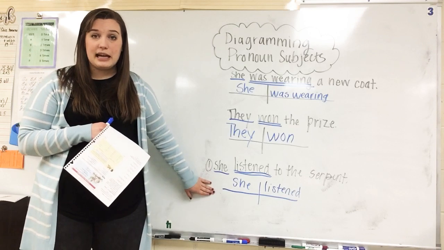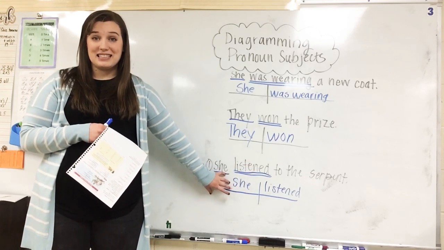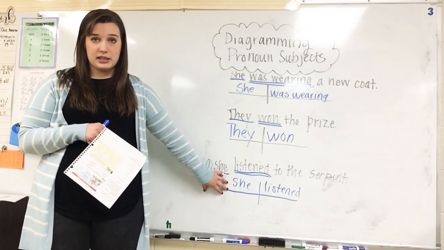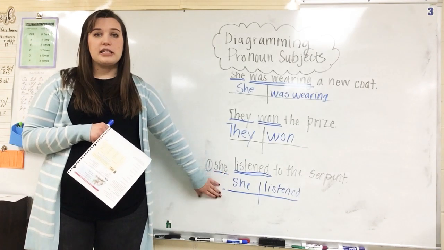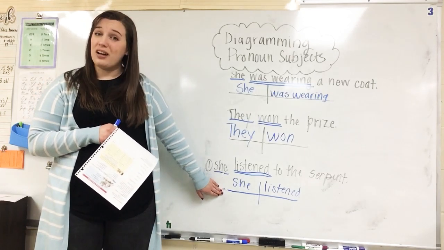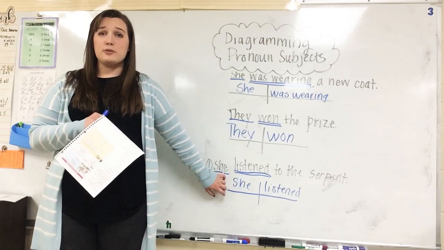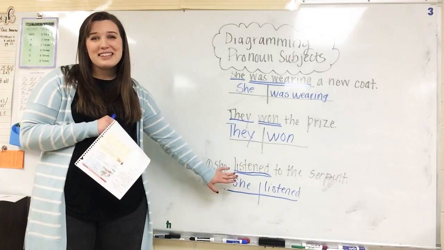I want to see these diagrammed. Submit it to today's assignment, or send it to me in the messenger, whichever is easier for you. I want to see how you're doing with diagramming these sentences. It's not difficult, but I can't see your work to know how it's going. So this is the best way.